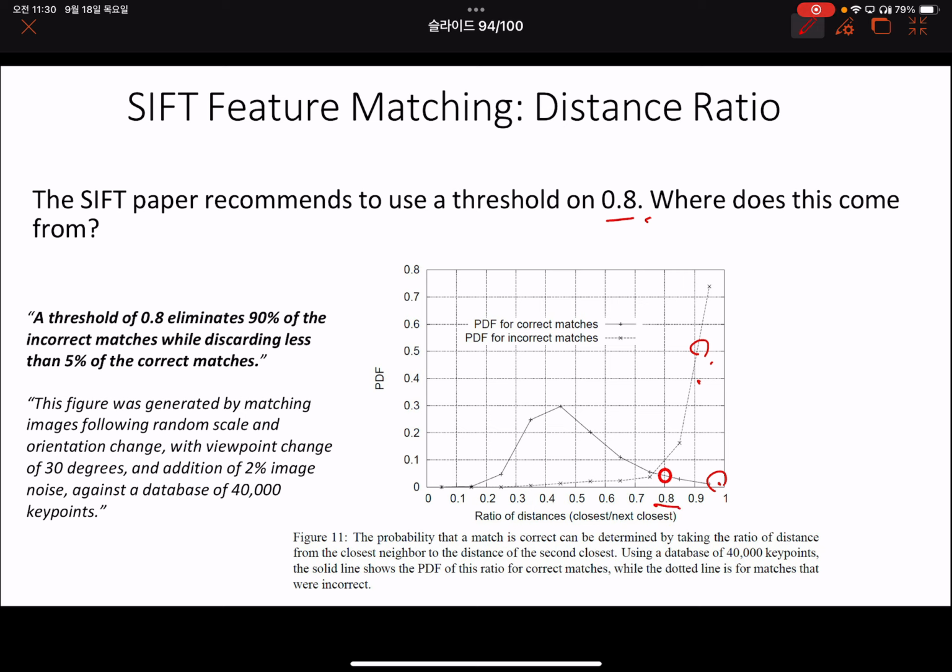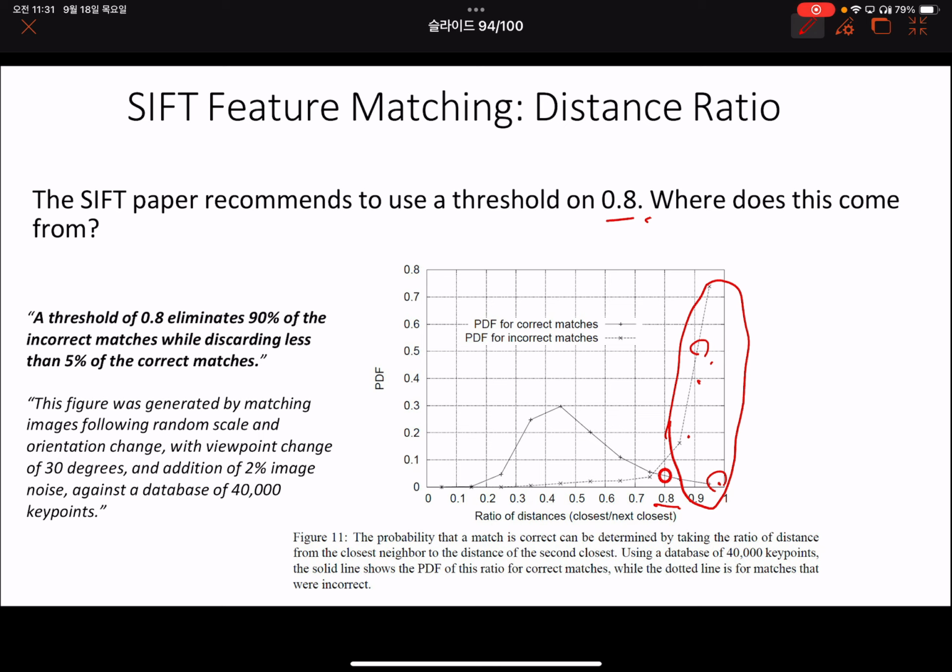So 0.8 is good, and the majority of negative samples, wrong correspondences, can be prevented, so the authors recommended using the threshold of 0.8.